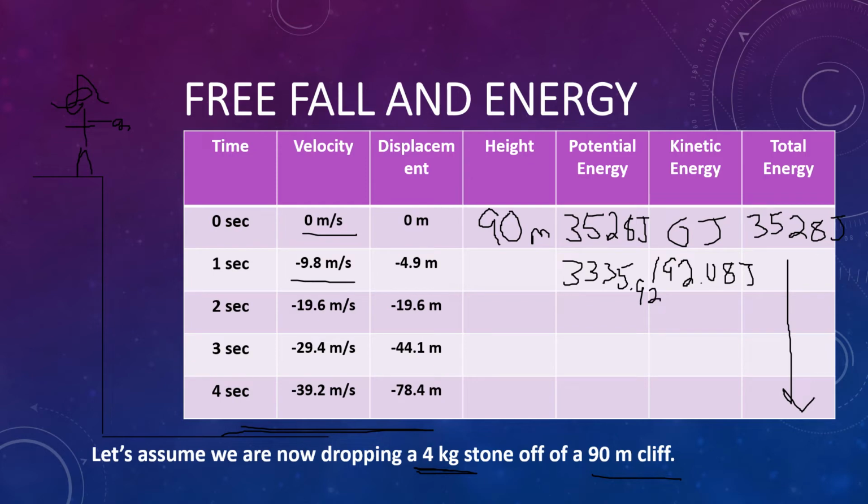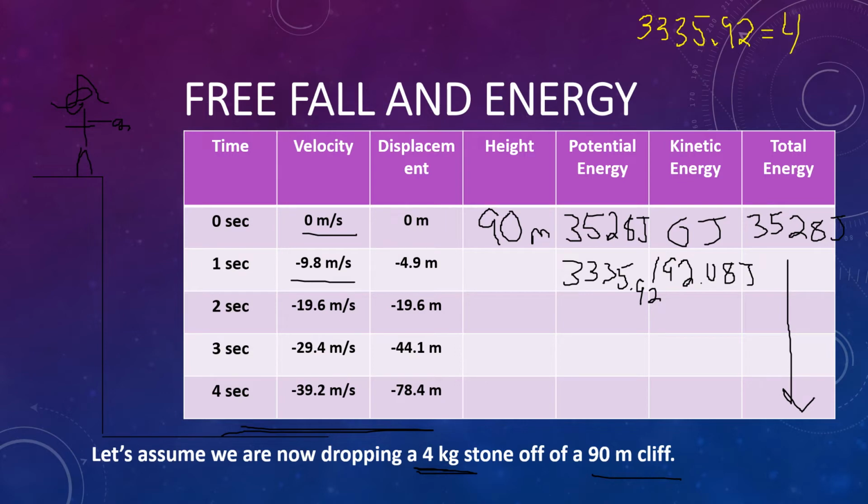And now what I can do is this. I can use the PE equation to solve for the height. So I could say that 3,335.9 equals 4 times 9.8 times h. Oh, I changed colors just like in class, just randomly changing colors for no reason. I love it.